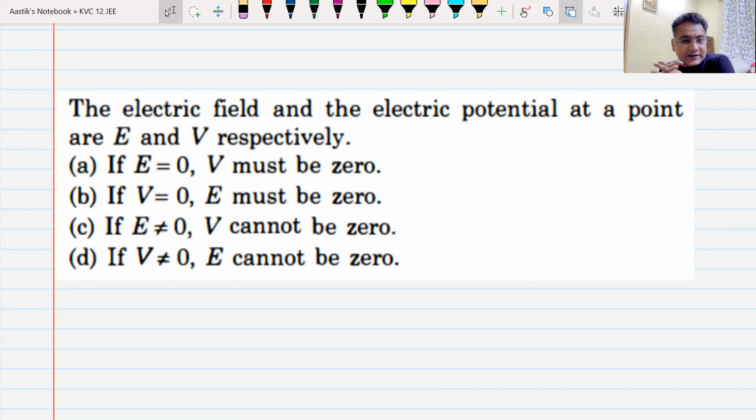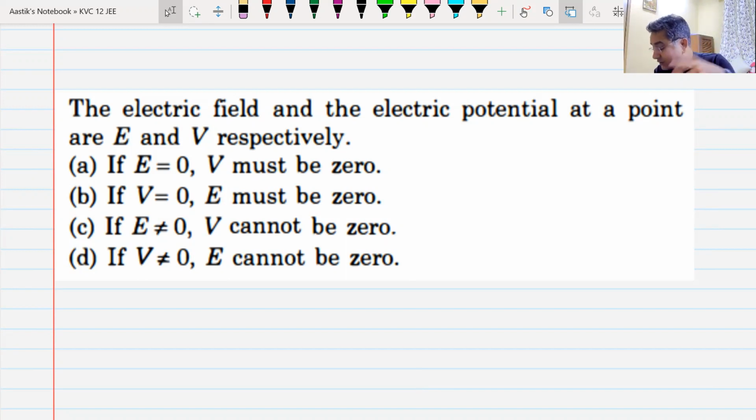The electric field and electric potential at a point are E and V respectively. Multiple choice correct. Now these are the most difficult questions in JEE. Which of the options is correct? Yes, my dear friends.